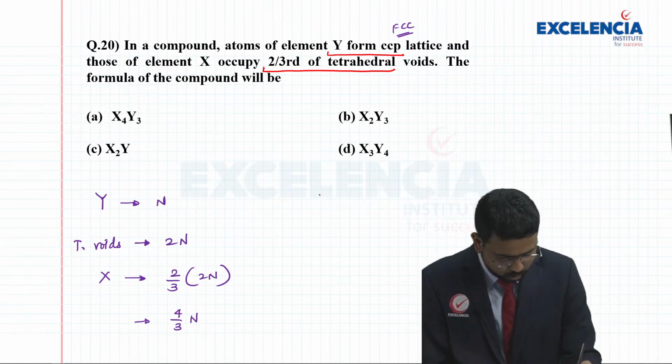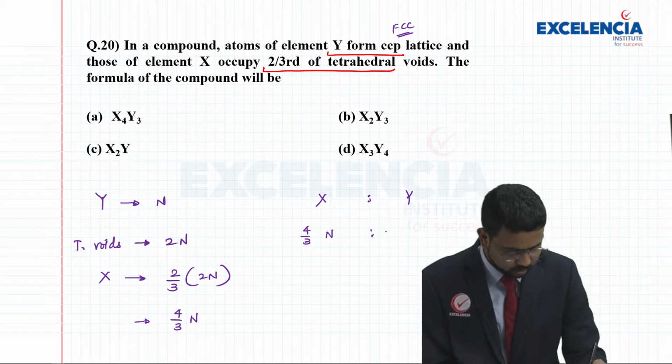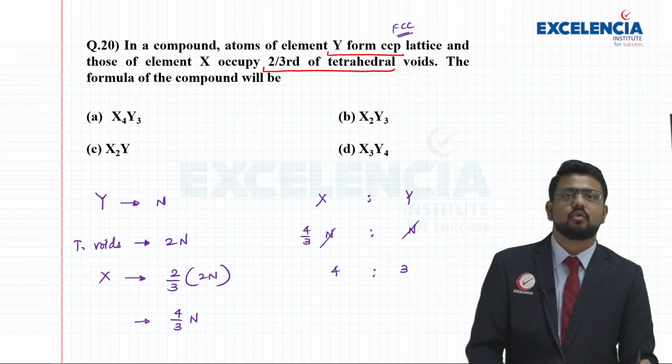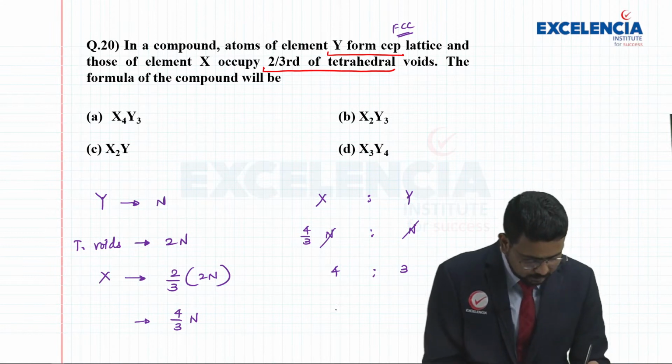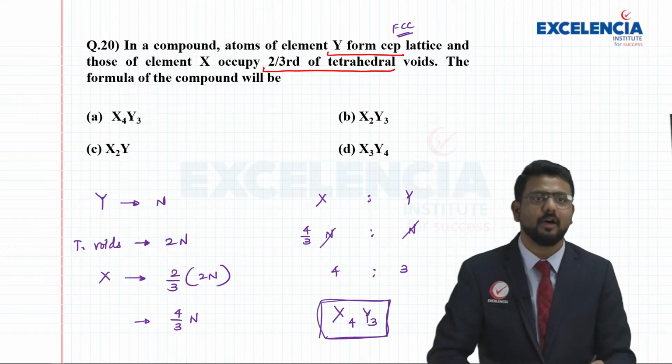So if I take the ratio here, X is to Y, what you have is 4/3 times n is to obviously just n. n gets cancelled, so you are left with 4:3, right? So without any doubt, the formula of this particular compound should be X4Y3. Clear?